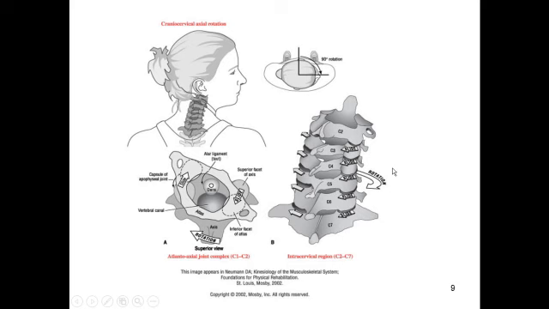And then with rotation, we again have kind of a sliding going on. And because of the nature of the facet joint orientation in the cervical spine, you might remember we've talked about a coupling of motion between lateral flexion and rotation. This coupling occurs throughout the spine, but the direction of the coupling is different.